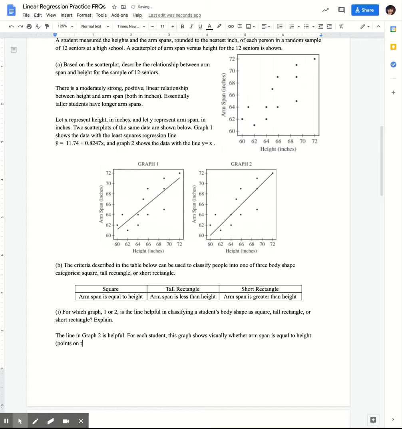So points on the line, as the line is y equals x, or arm span equals height, okay? So it'll show you whether arm span is equal to height, arm span is greater than height, points above the line, or arm span is less than height, which is points below the line.